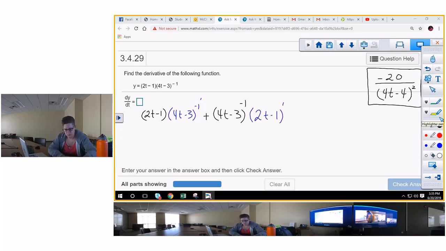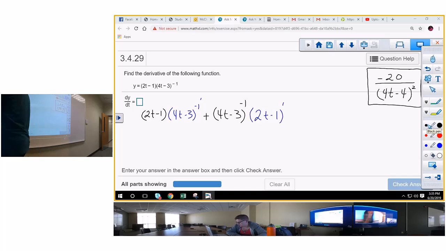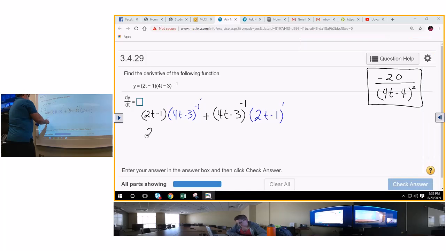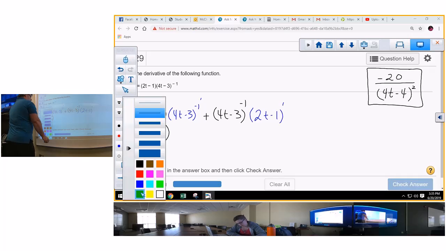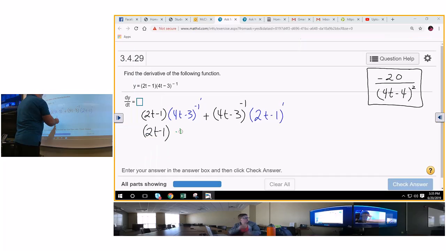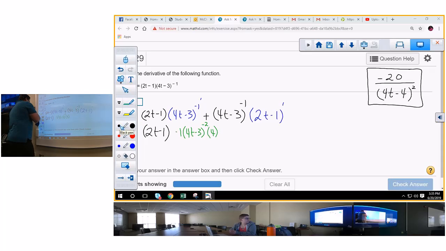So that's going to give us, I'm going to start you off, 2t minus 1, and I'm going to do the derivative in green. So that's going to be negative 1 times 4t minus 3 to the negative 2 power times 4. Now, I don't know how far you got, Miss Sterling, on the last one, but I did the cardinal rule.